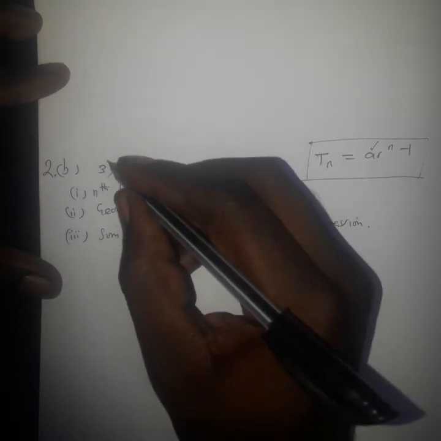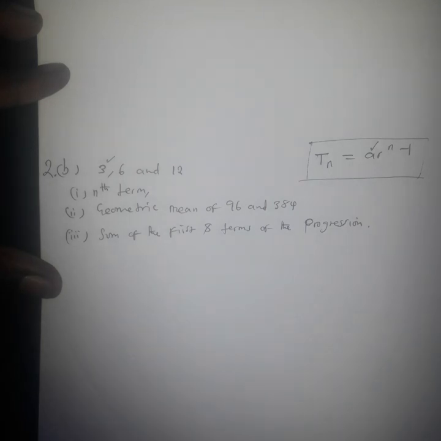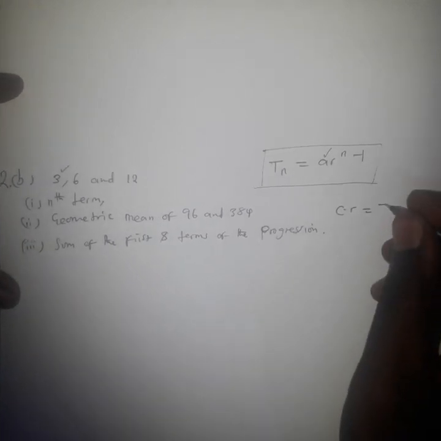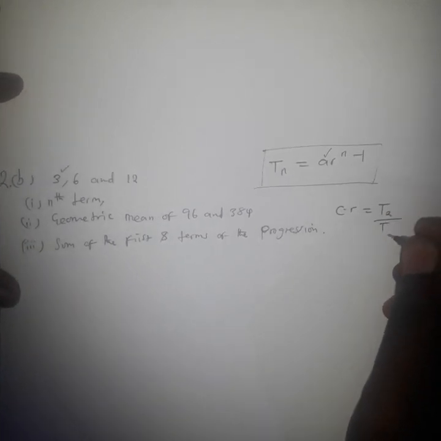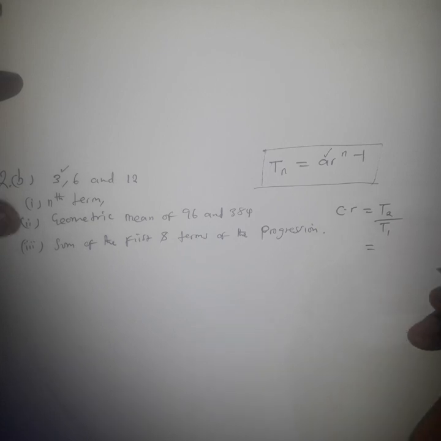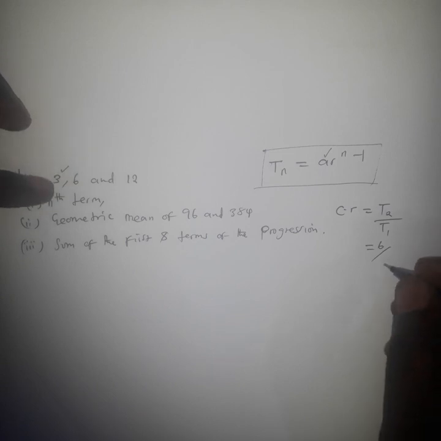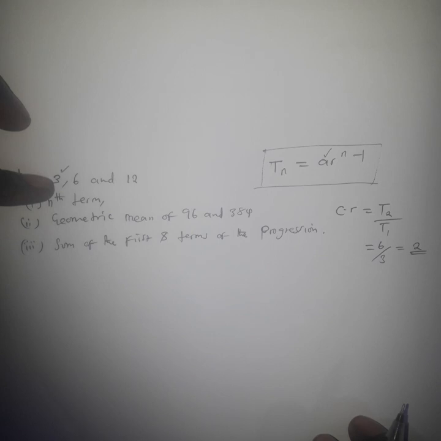So we have 3, that is our first term, and then the common ratio, CR, is given by second term divided by first term, and this we have our second term as positive 6, which shall be divided by the first term 3, giving us the common ratio of 2.